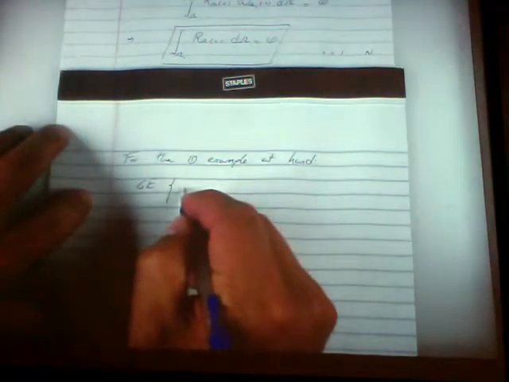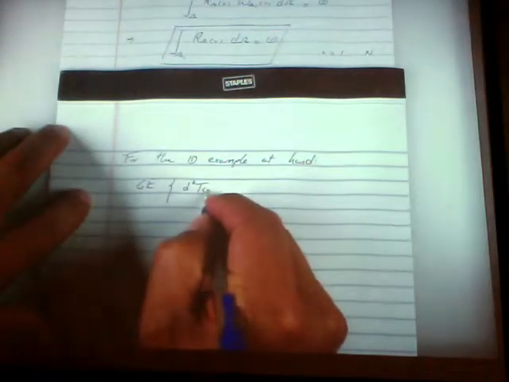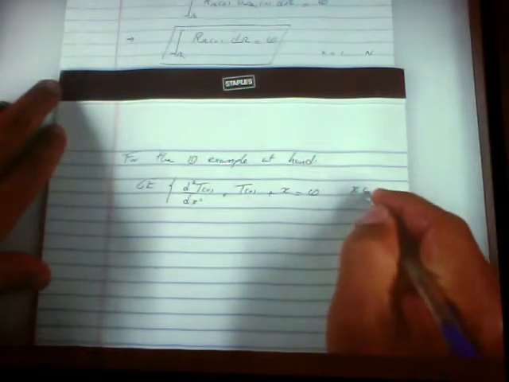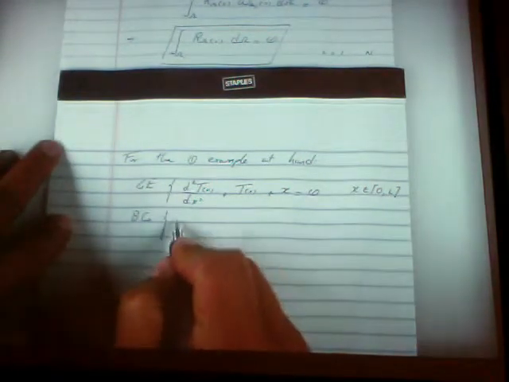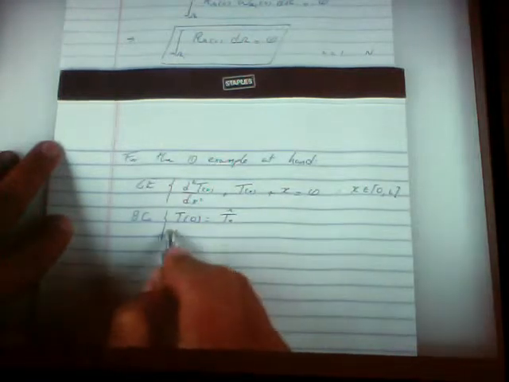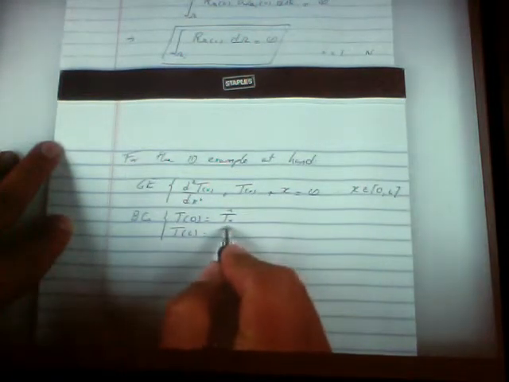We have this example that we've been working with, where the governing equation, again, I'm going to recast it, says that the second derivative of the temperature plus the temperature plus x is equal to 0, such that x belongs to the interval from 0 to L. So it's a 1D problem. And we have first kind boundary conditions, which always make things very easy, or easier. So that the temperature at 0 is equal to some T0, and the temperature at L is equal to some TL.